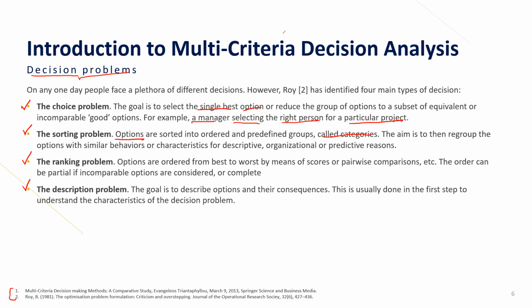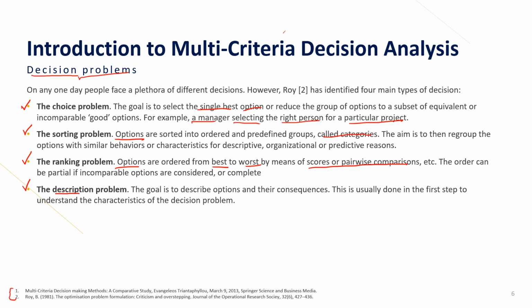And then another one is the ranking problem, in which the options or alternatives are ordered from the best to the worst by means of scoring pairwise comparisons. So you compare this one and this one, which one is better, and then compare another one, and the best out of those comparisons will be put in order until the worst alternative that you have.